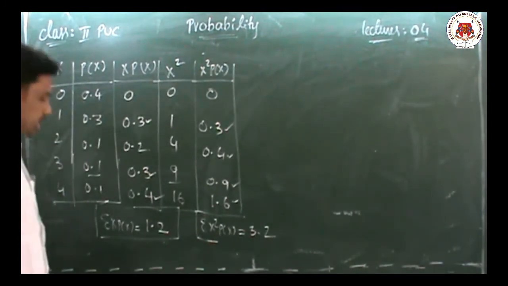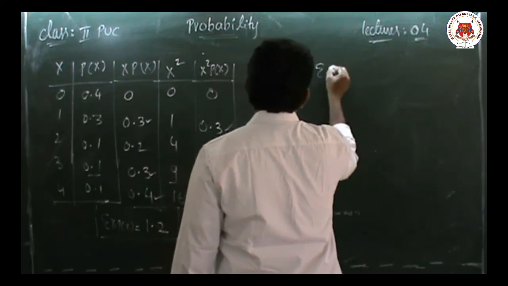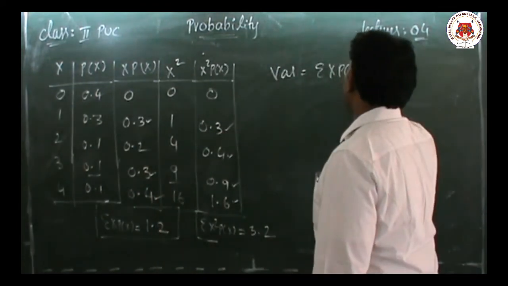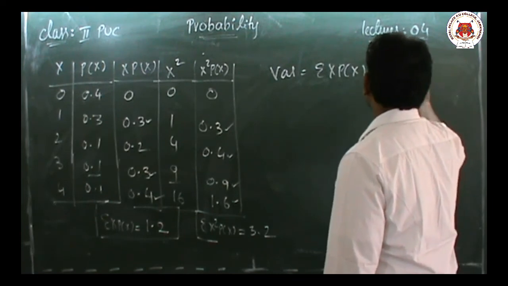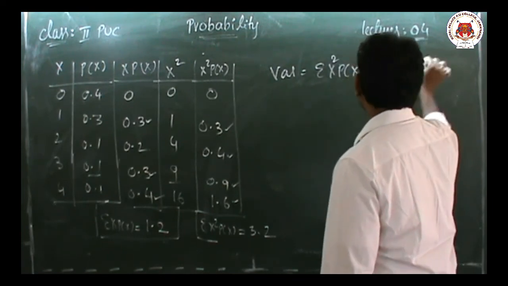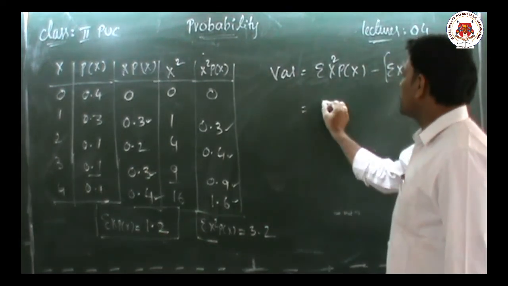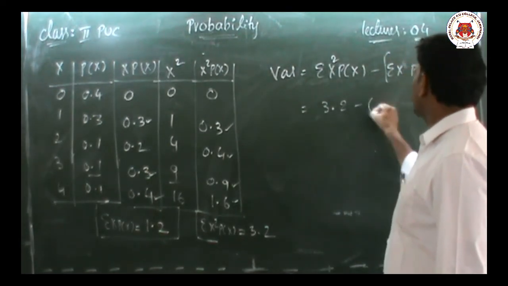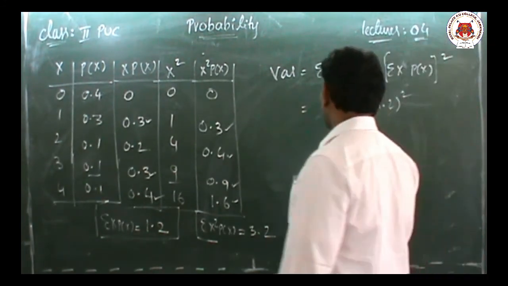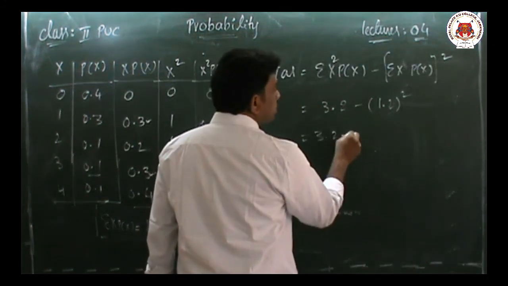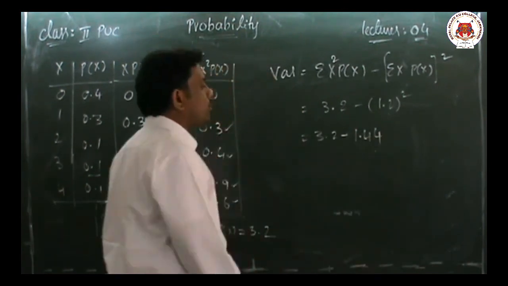So my dear children, he is asking to find the variance. Variance means the formula: summation of x square into p of x minus the summation of x into p of x, with the whole square. So this is the value we know: 3.2 minus this value 1.2, which has the whole square. 1.2 whole square means 144, so 1.44.